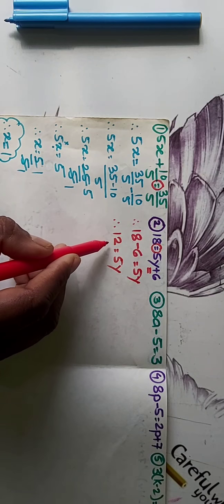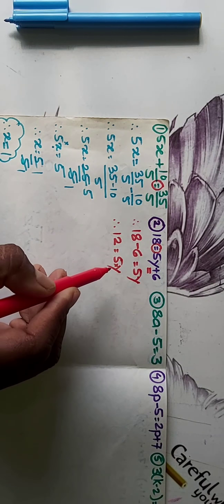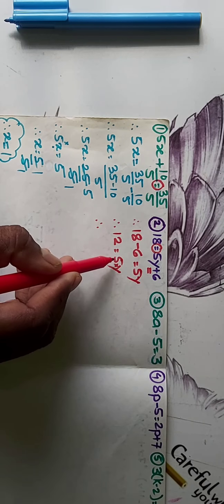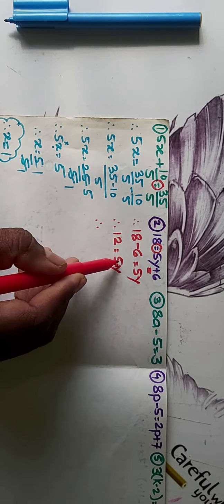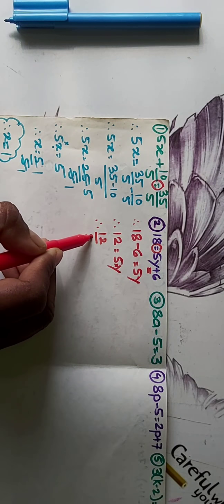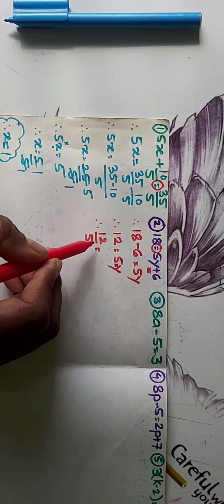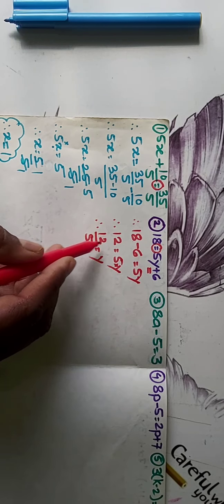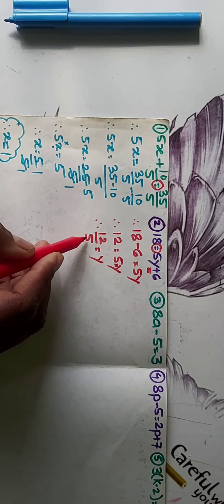Now we got here, I told you there is always a multiplication sign. Therefore we have to transpose this. When this 5 is transposed to this side, it becomes division. So 12 divided by 5 is equal to y. So here 12 upon 5. This 12 is not divisible by 5.